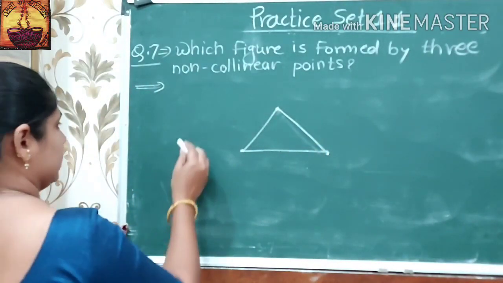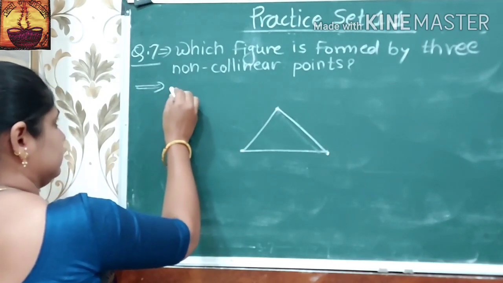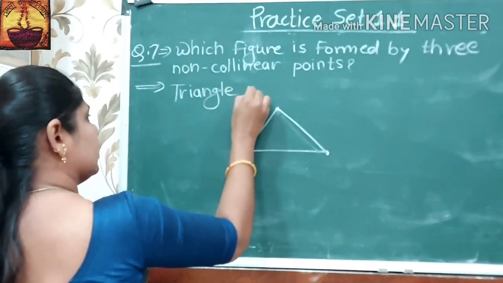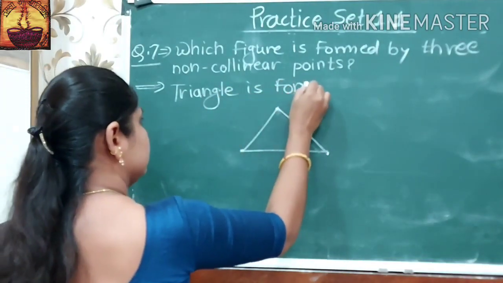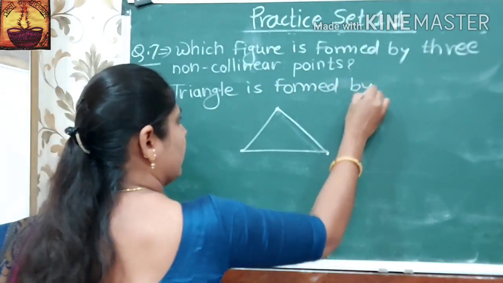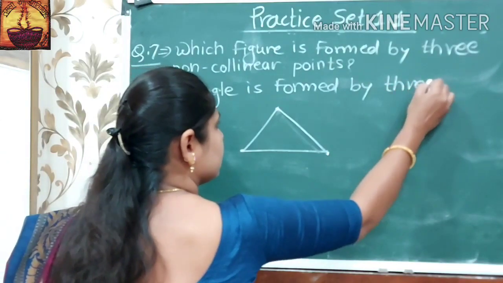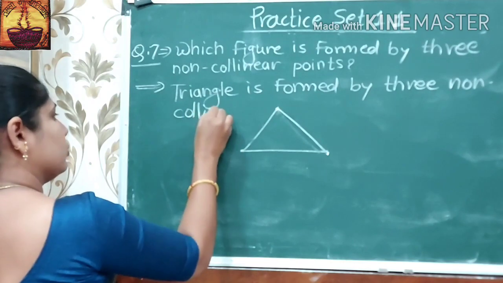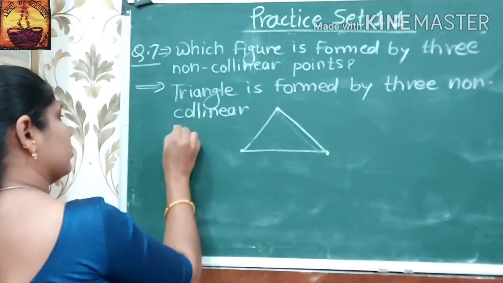Then we write here the answer: a triangle is formed by 3 non-collinear points.